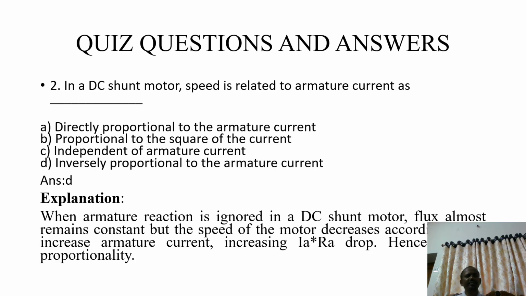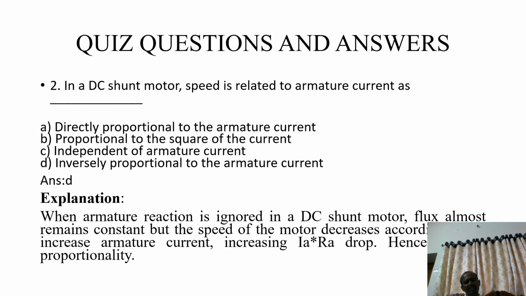Next question is, in a DC shunt motor, speed is related to armature current as: A, directly proportional to the armature current; B, proportional to the square of the current; C, independent of armature current; D, inversely proportional to the armature current.